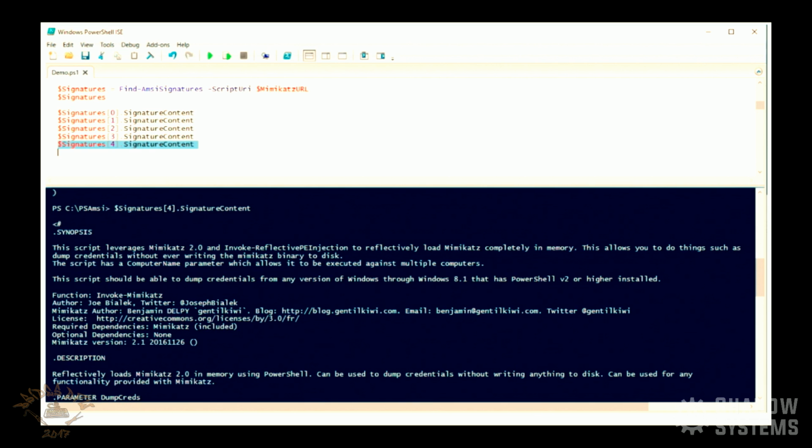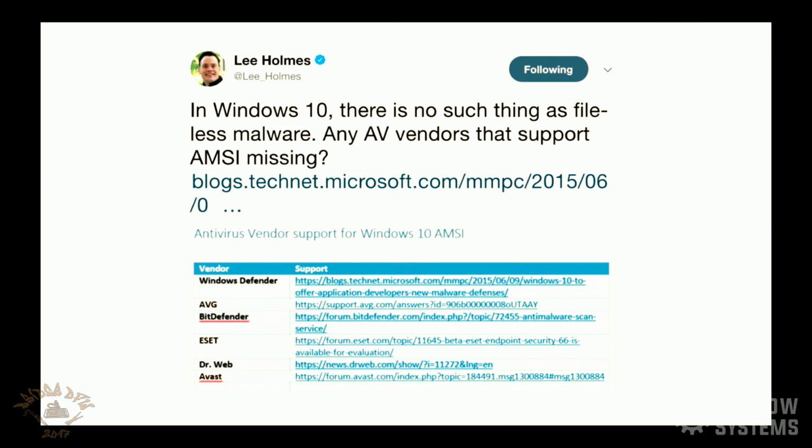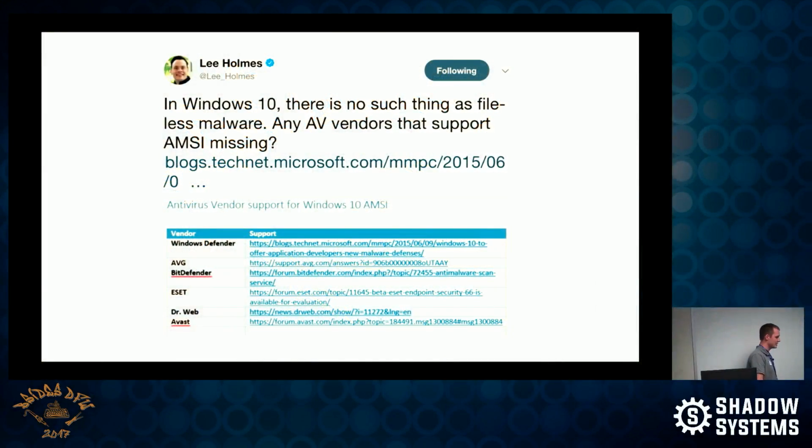But if you'll remember, we said that AMSI is actually anti-malware provider agnostic. So it turns out there's some other AVs that have some sort of AMSI support. And Lee Holmes tweeted out a list of some of the ones he's aware of that implement support or have some sort of claim for AMSI support. And you can see here in the list, there's 5 of them besides Defender.